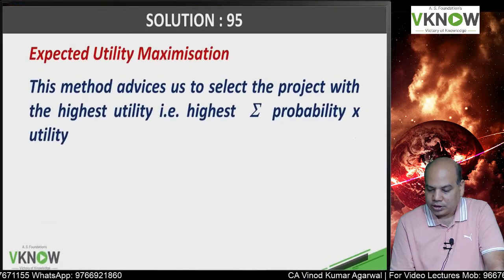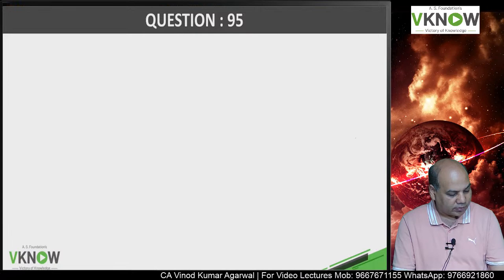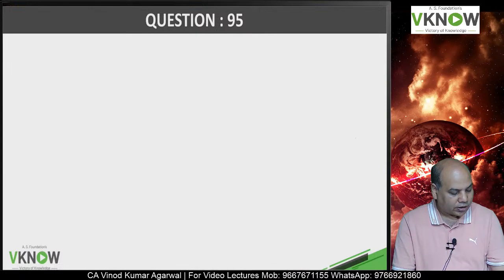So question number 95, I'll just read from the book because this question is not appearing on the screen. Keep the question paper or the booklet in front of you on capital budgeting. Jumble Consultancy Group has determined relative utilities of cash flows.